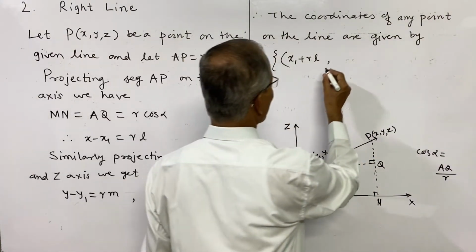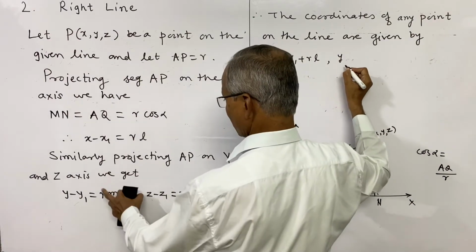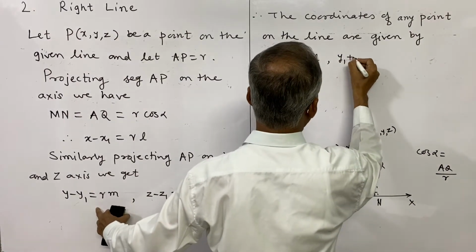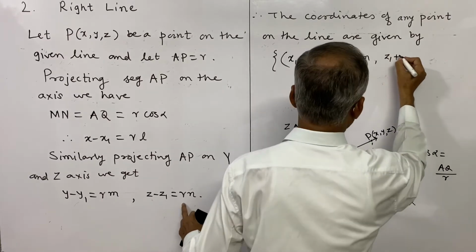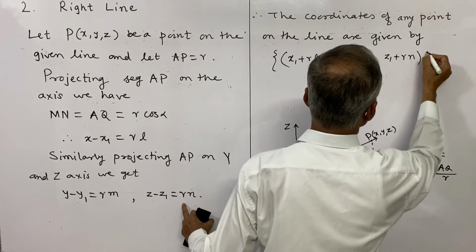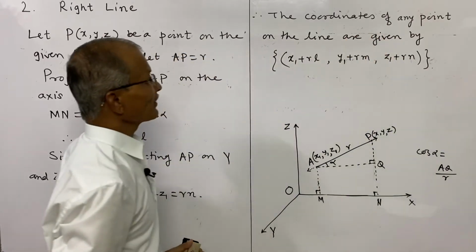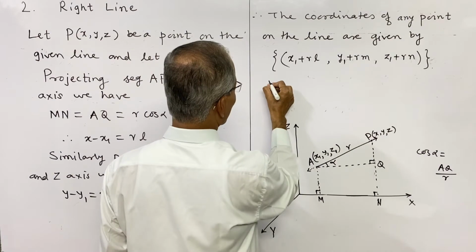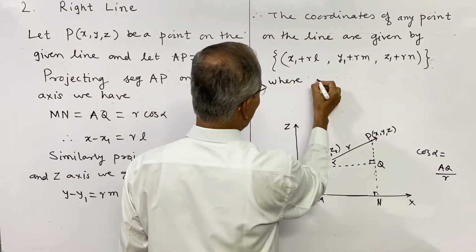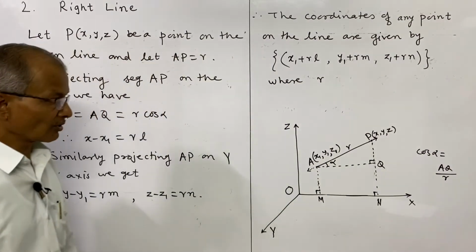So x1 plus rl, y1 plus rm, and z1 plus rn. This is the set of coordinates of any point on the line, where r is equal to AP.